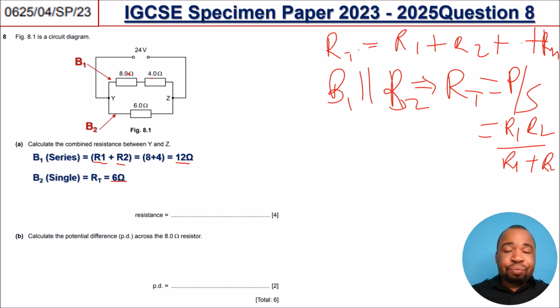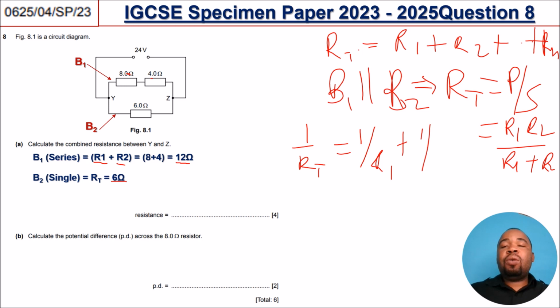If there are 3 or more, we revert to the sum of reciprocals. In other words, 1 over RT is 1 over R1 plus 1 over R2 plus 1 over R3 and so on.